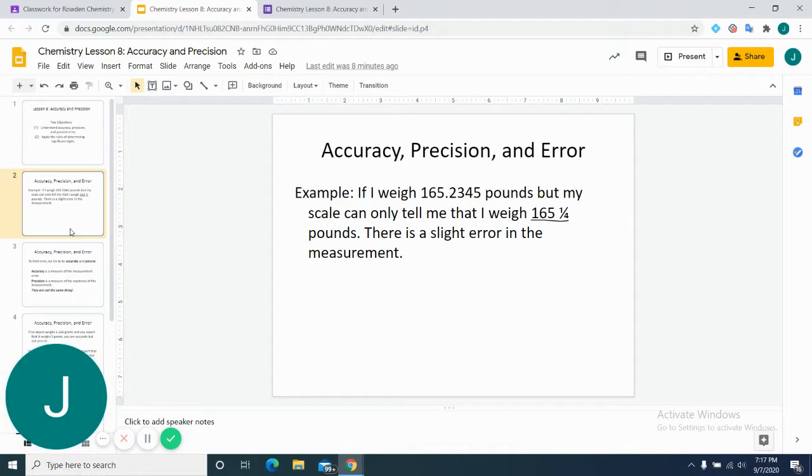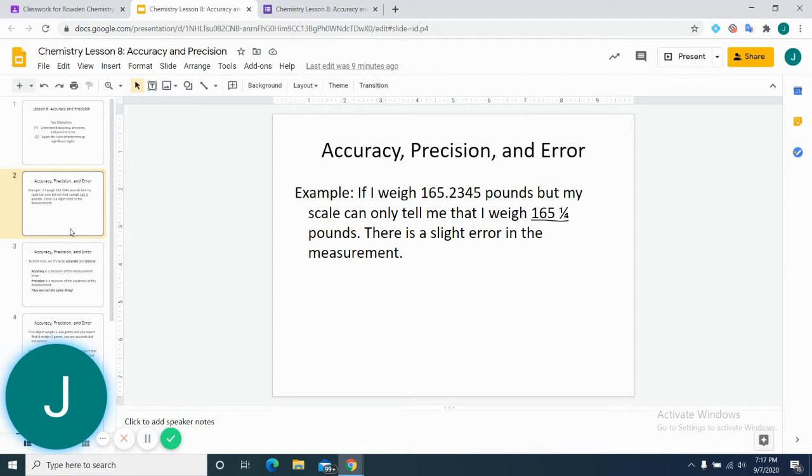For example, if I weigh 165.2345 pounds, okay, that's my exact weight, but my scale only measures it in quarters of pounds, it would say I'm 165 and a fourth pound. So see, is the scale broken? No, because if I weigh 165.2345 and the scale can only measure in quarter of a pound, well, 165 flat is not as good as 165 and a quarter. 165 and a half is not as good as 165 and a quarter.